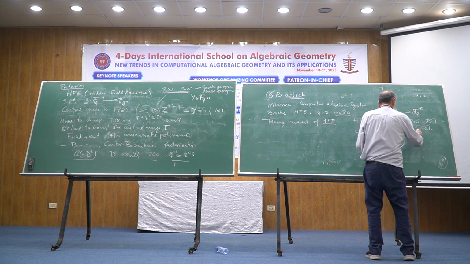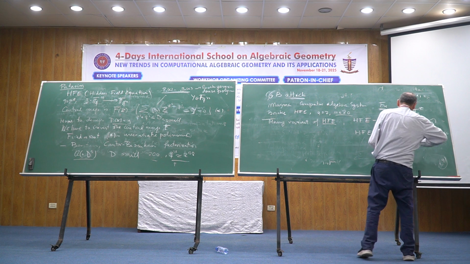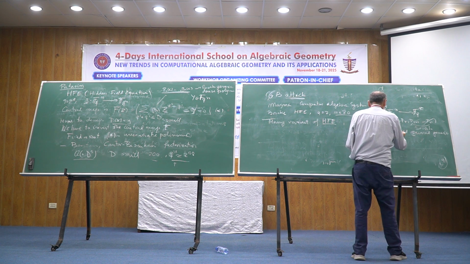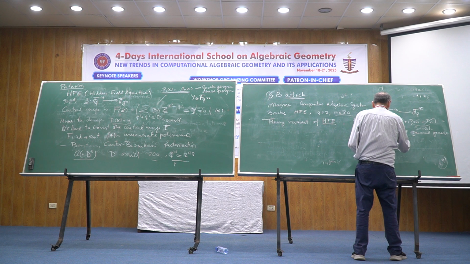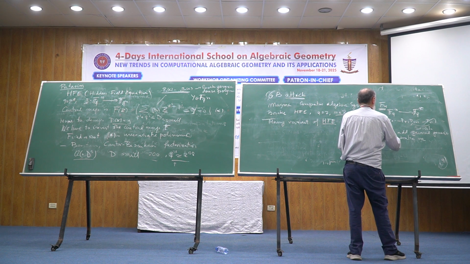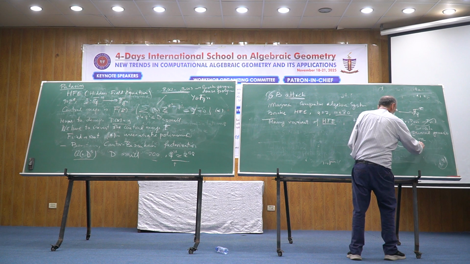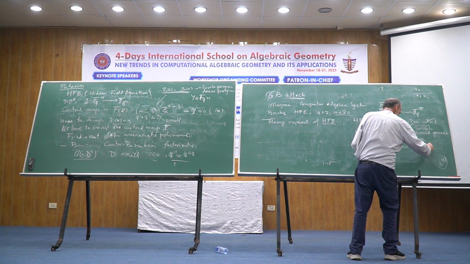Generic, several generic means with random coefficient, generic quadratic map. And then you will have, in this case, a map from FQ to the N to FQ to the N plus, I don't know, plus M, okay?